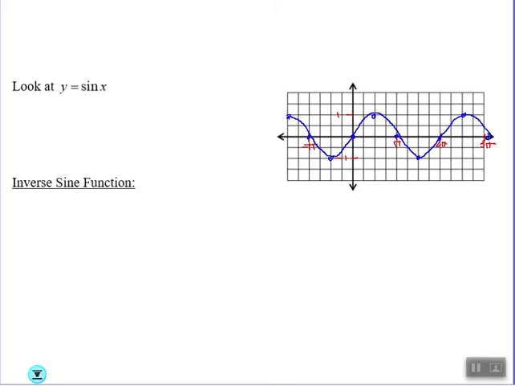But we can talk about the inverse on a specific part of this graph. So this section of the sine curve is one-to-one. When we talk about the inverse sine function, it can only be on this part of the graph.